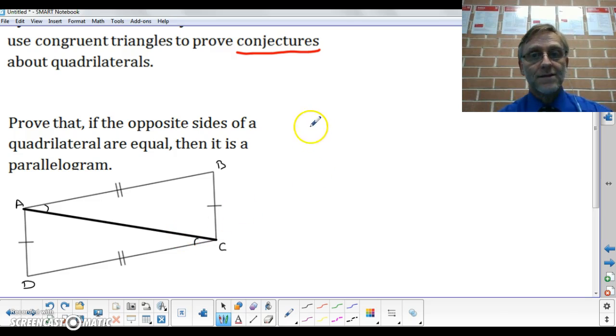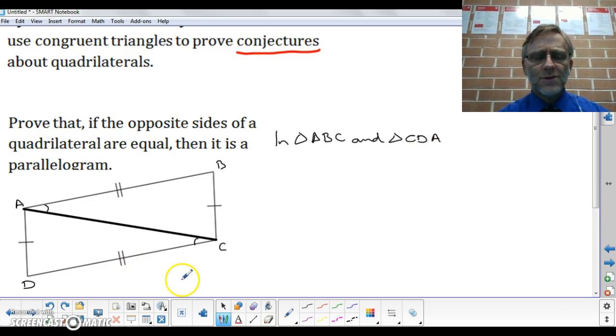And I'm going to use that to prove the parallel line conjecture that we've got. So let's do a quick proof. In triangle ABC and triangle CDA, that's keeping the letters right, CDA.